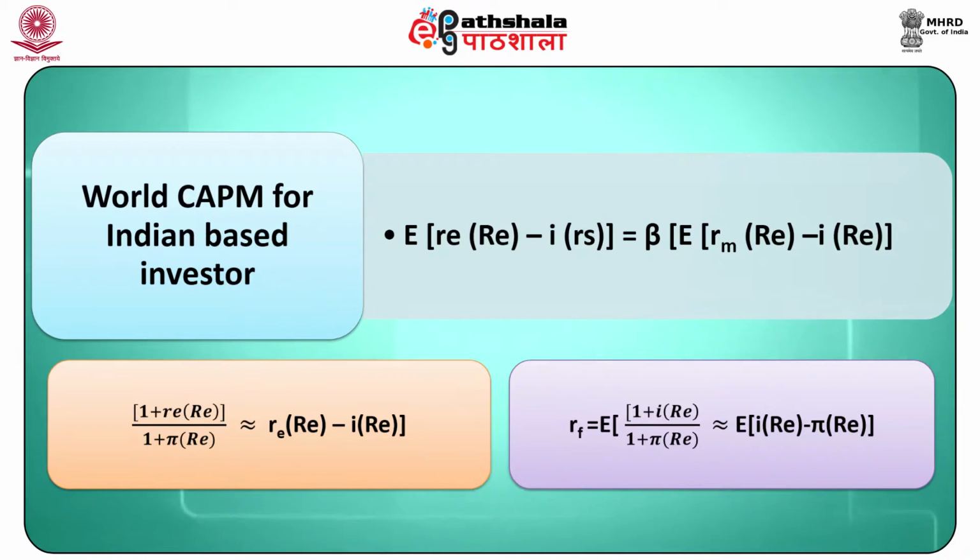Similarly, the interest rate is the 1 month T-bill. Therefore, by definition, 1 plus RE in rupees divided by 1 plus pi in rupees gives RE in rupees minus I, and RF is equal to E of 1 plus I in rupees divided by 1 plus pi in rupees, which is again equal to E of I in rupees minus pi in rupees.